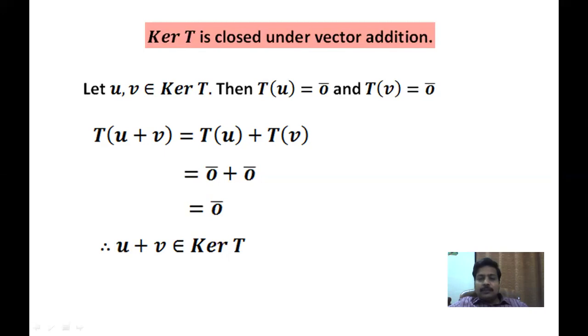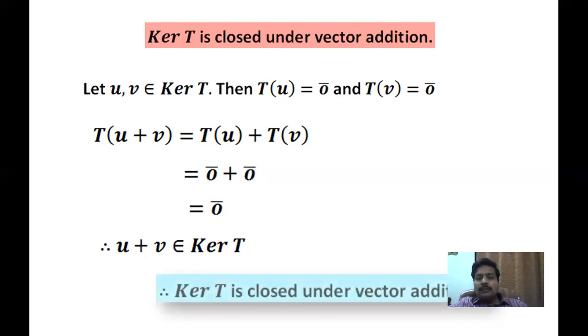So we have taken that u and v belong to kernel T. Finally, we got that u plus v belongs to kernel T. So whenever two elements are there in kernel T, the sum of those two elements is also in kernel T. So I can conclude that kernel T is closed under vector addition.